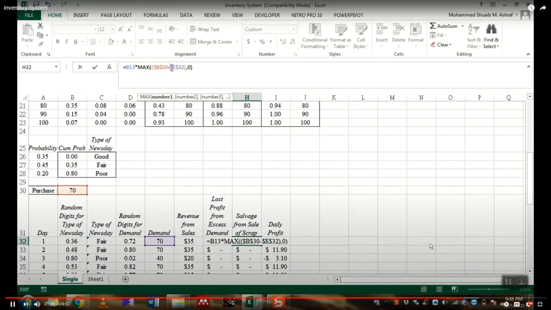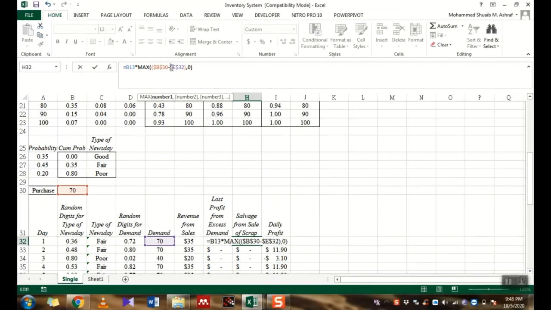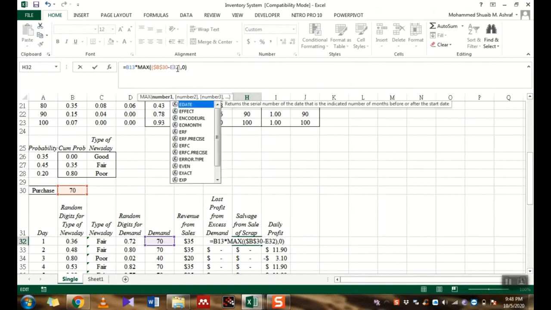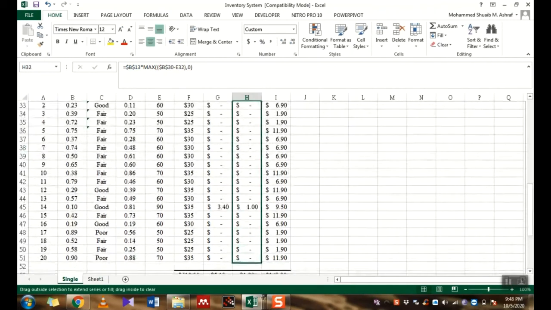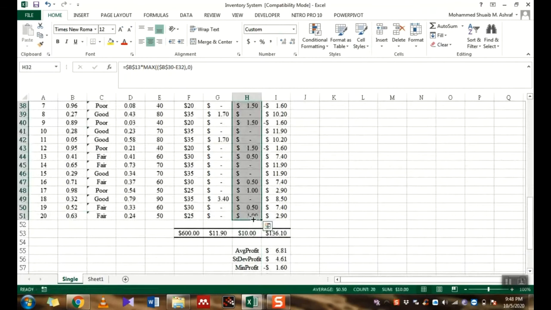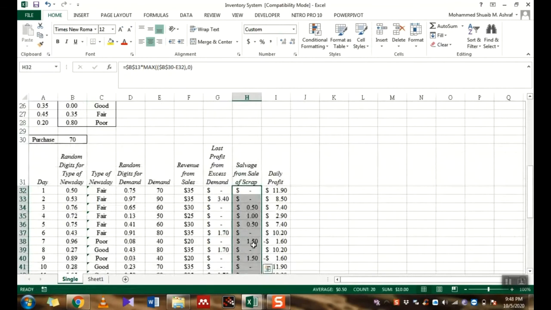Not E32, this will be different. Okay, so I will apply this to all the cells, and I will get the salvage value from sale of scrap.